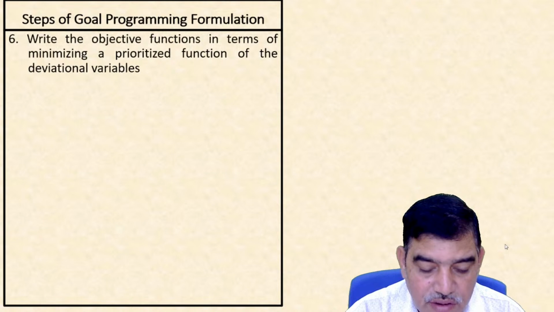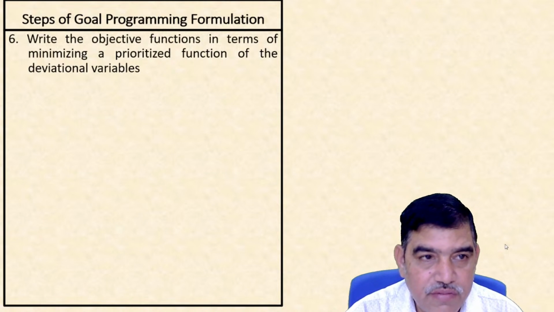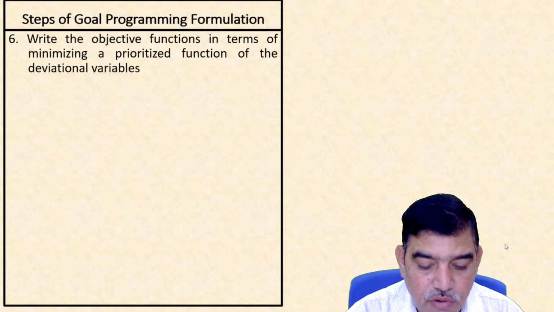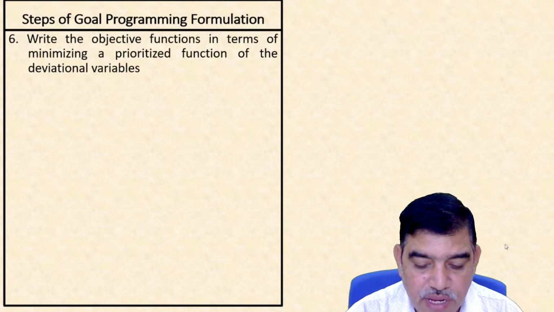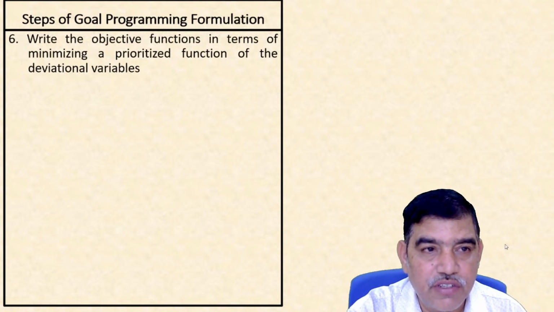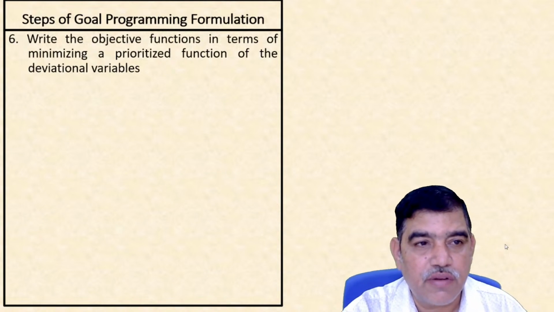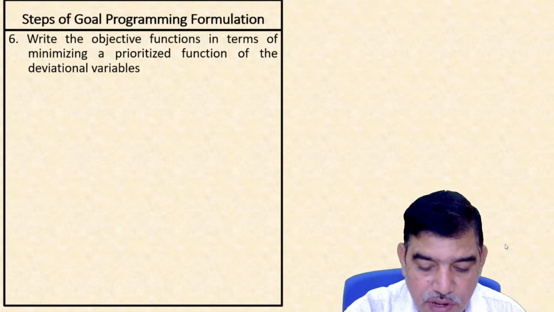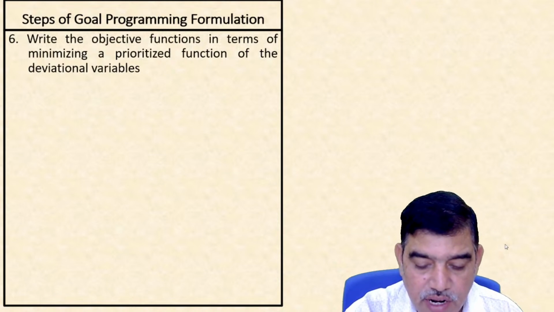Third, develop the objective function. Through the analysis of the decision makers' goal structure, the objective function must be developed. I am writing the objective function in terms of minimizing the priority functions of the deviational variables. First, the priority factors should be assigned to certain deviational variables that are relevant to goal attainment.